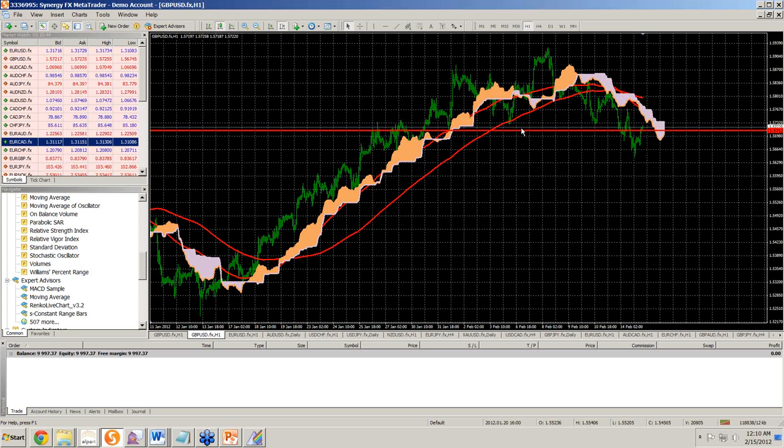So we are in an upward trend, and this is going to predict when the trend might change. It's not going to tell you why the trend changed, but it's going to show you on the chart from a technical perspective that the trend is in fact changing from an upward to a downward trend.